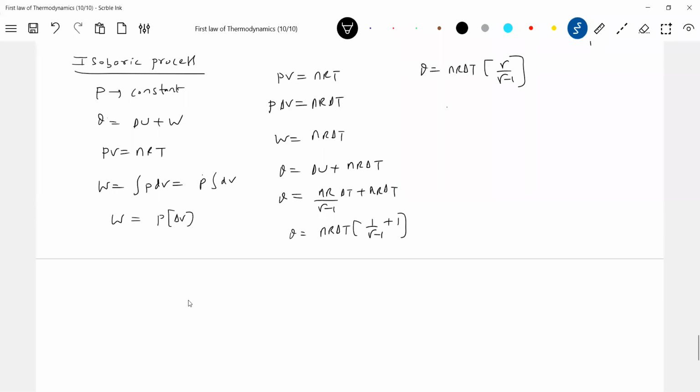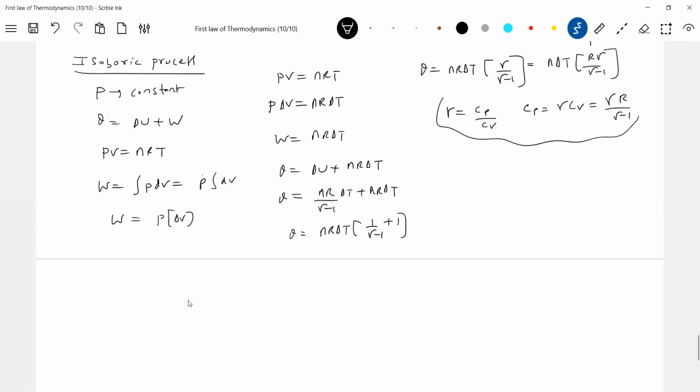Okay, let's do one thing. We know gamma equal to Cp by Cv. Agree this? So therefore this Cp, what you can write? Gamma into Cv. What is Cv? R by gamma minus 1. So let me rewrite this. n delta T R gamma by gamma minus 1.